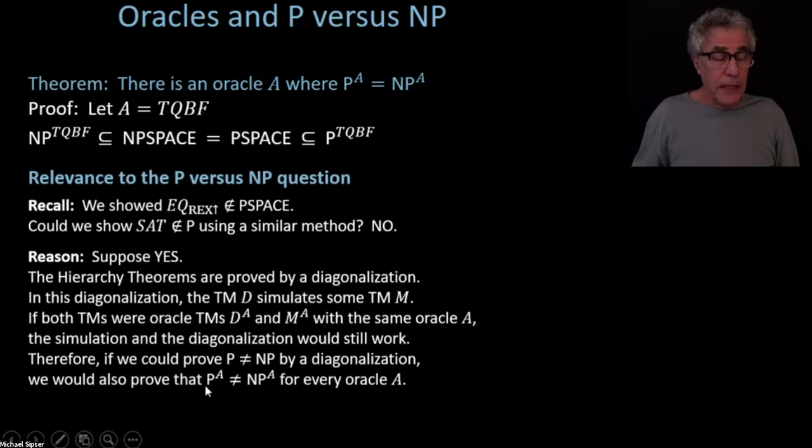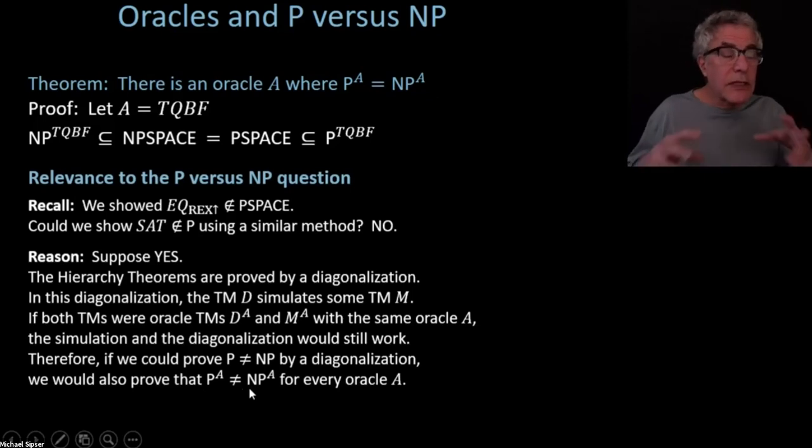We know this is false. We just exhibited an oracle for which they're equal. It's not the case that P is different from NP for every oracle. Sometimes they're equal for some oracles.